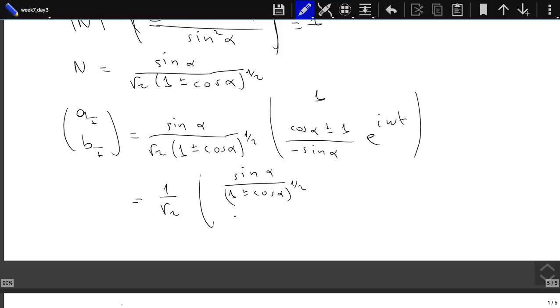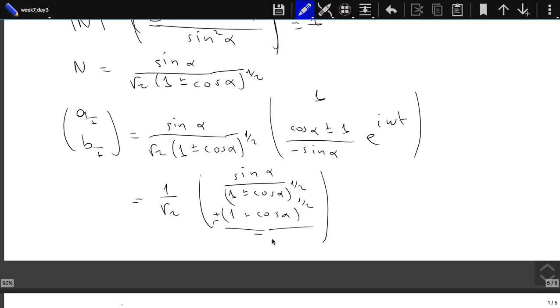Okay, so let's see. If we have the positive sign, I have the square root of 1 plus cosine alpha, square root, divided by minus 1. If I have the minus sign in both places, then I get the minus square root, so it's minus plus.